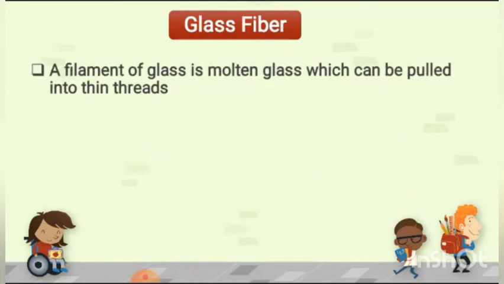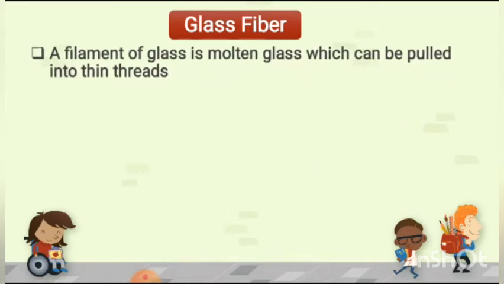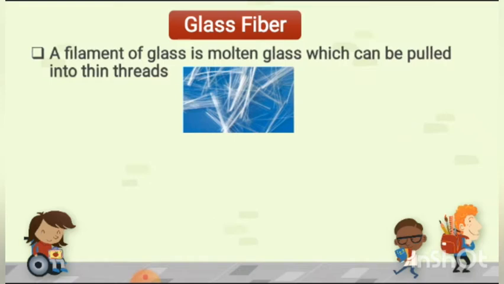Glass fiber. If you remember, the word fiber we have already read in our first chapter on balanced diet. Fibers are long thread-like structures. There we were talking about fiber in food material, but here we are talking about glass fiber.